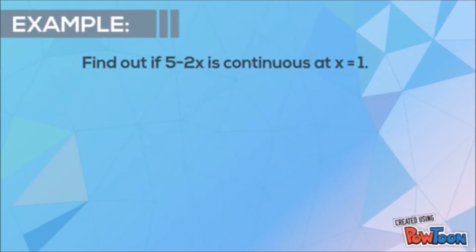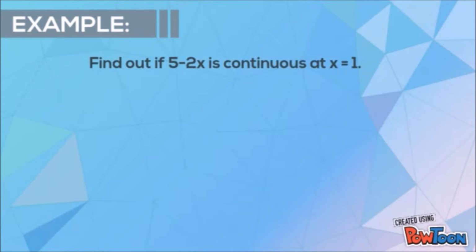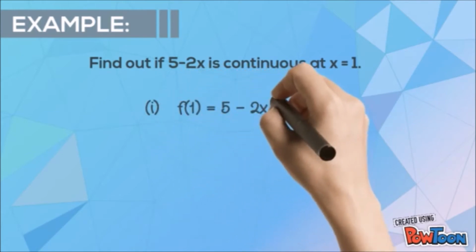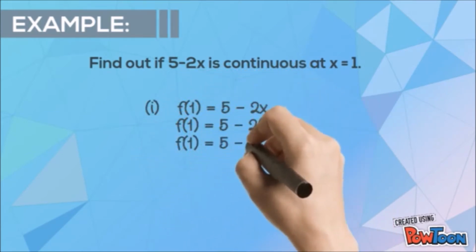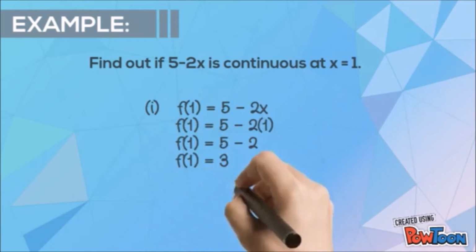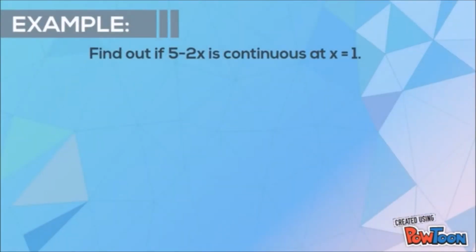For example, let us find out if f of x equals 5 minus 2x is continuous at x equals 1. Let us find f of c by simply substituting x in the function. Let us then find out the limit of the function. Since it is a linear function, we can easily find the limit without algebraic manipulation.